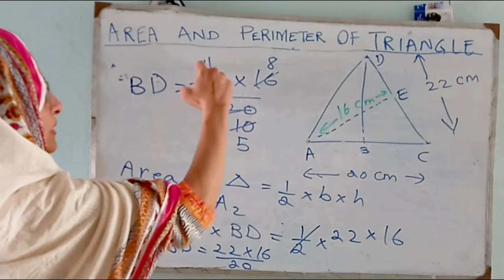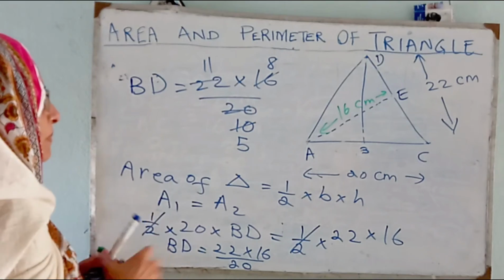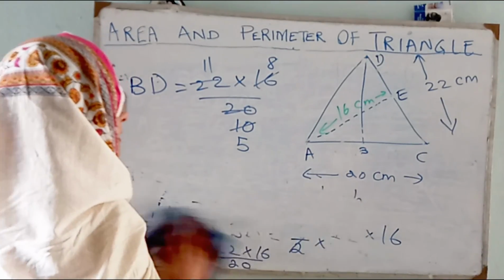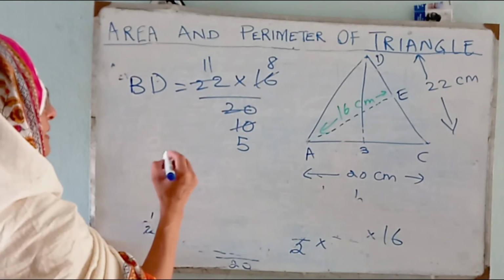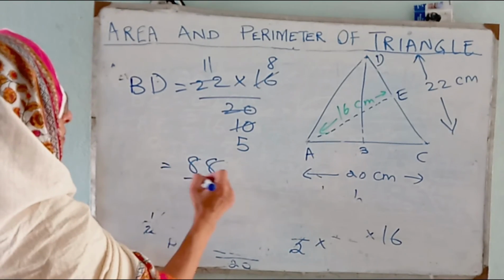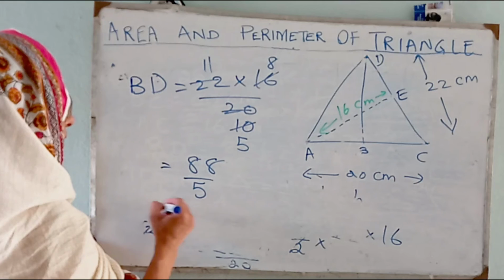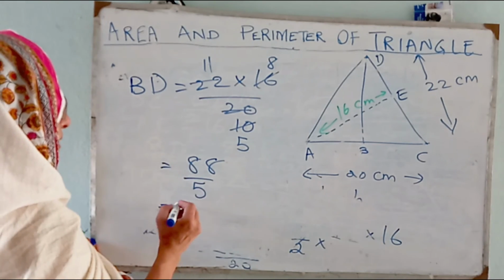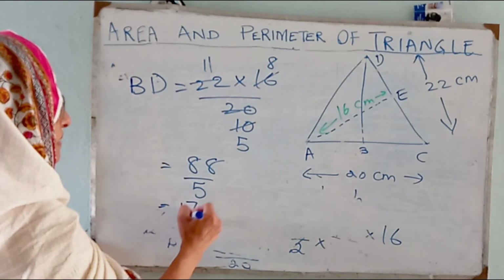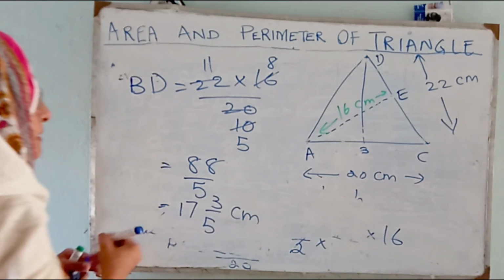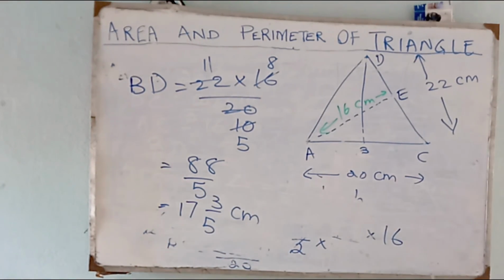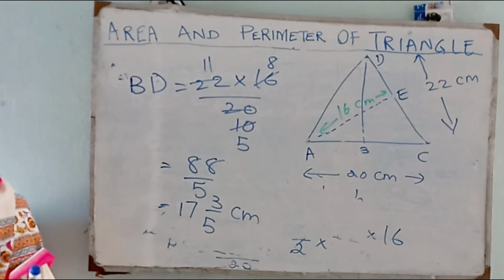Now we cannot cancel it further, so we multiply the numerator with the numerator and the denominator with the denominator. 11 multiplied by 8 is 88 over 5, which when we divide, 5 17s are 85, remainder 3, so 17 and 3 by 5 centimeter is going to be my answer, or the value of this thing.